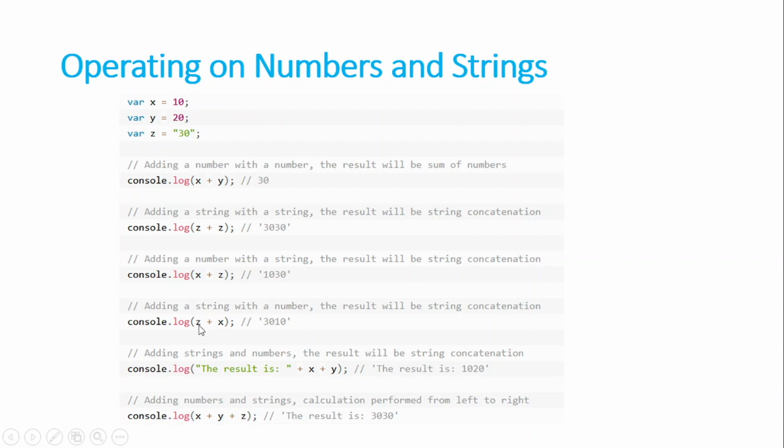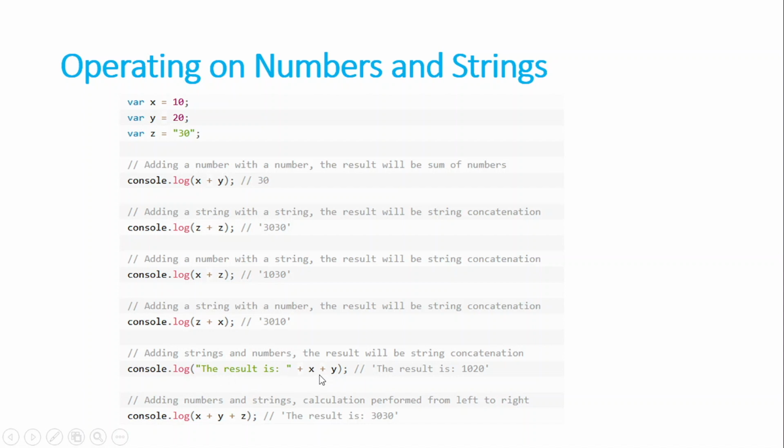We can also do this oppositely, like we can add z first and then after that we can add x. So the result will not change, it will still concatenate the numbers, but in the opposite order. Adding strings and numbers, the result will be string concatenation. You can see this double quote is a string.